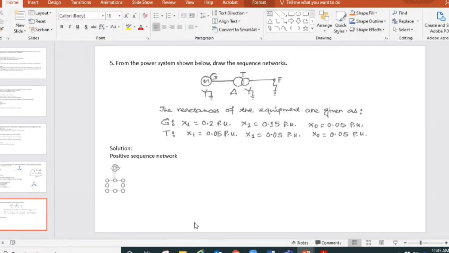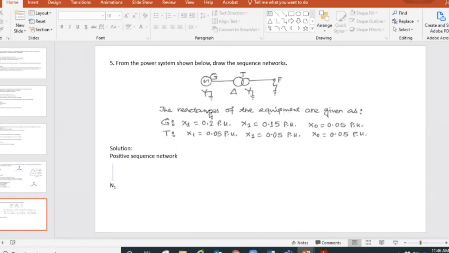In power systems 1 we also did this, but only for positive sequence. So this is N1, the positive sequence reference bus or neutral bus. You can show it horizontally or vertically, but as the system is shown horizontally, I'm drawing it that way. It makes it easy for me and for you. So that's the first thing, the neutral bus.